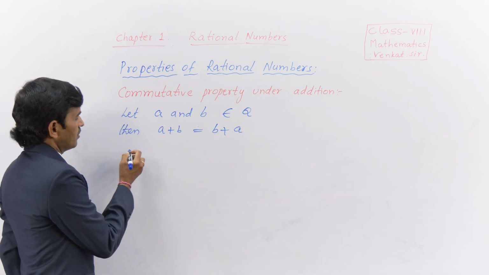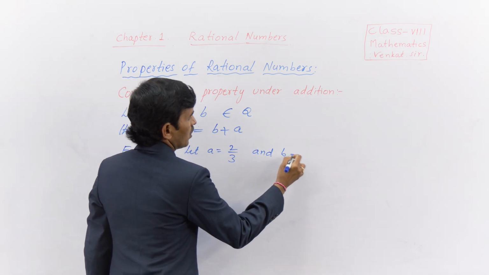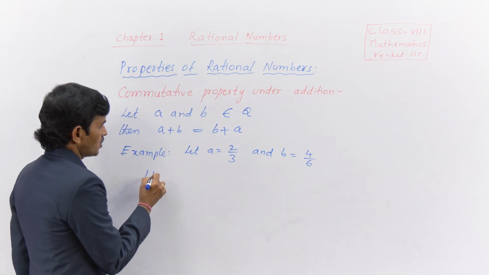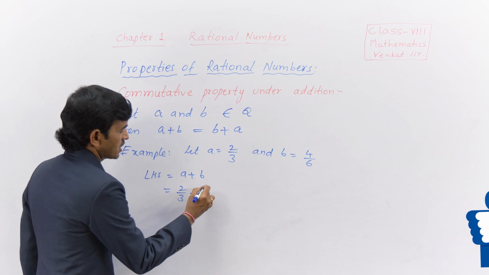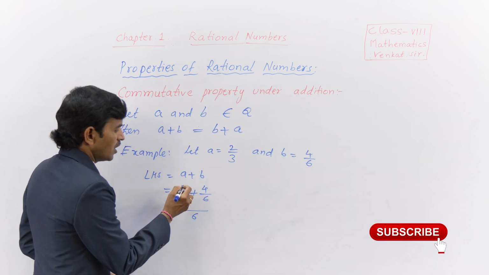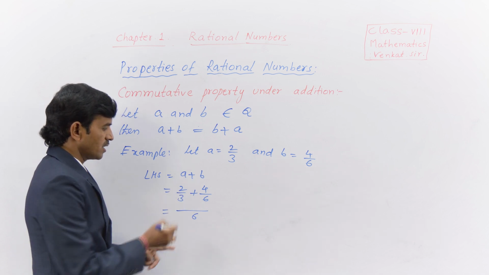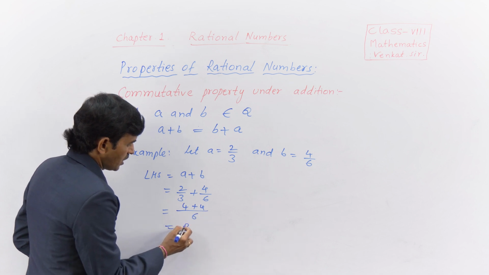For example, let a is equal to 2/3 and b is equal to 4/6. Then LHS, that is a + b, is 2/3 + 4/6. LCM is what? 6. Therefore, multiply numerator and denominator with 2 to get 6. 2 2s are 4, plus 4, so it gives us 8/6.